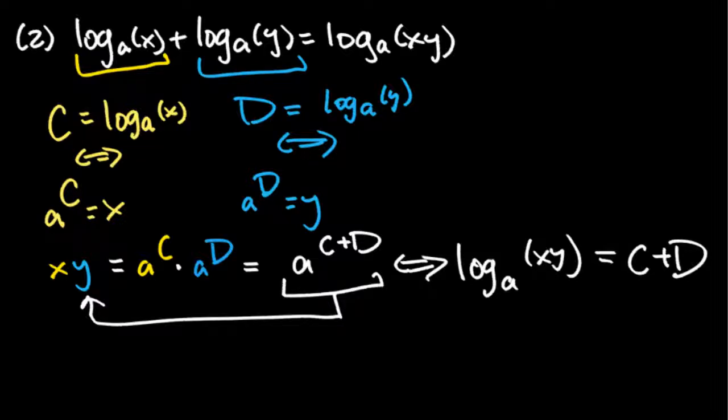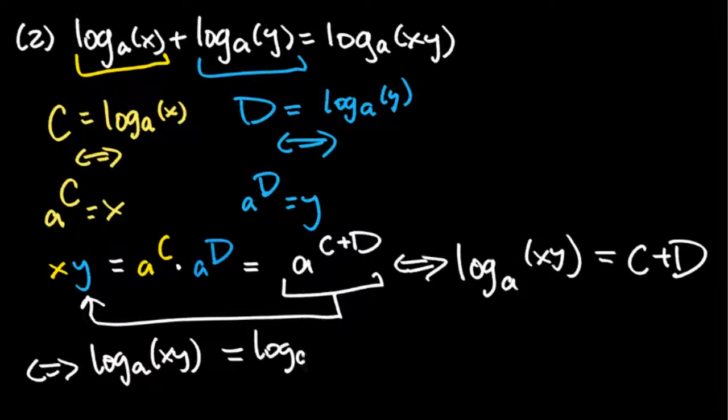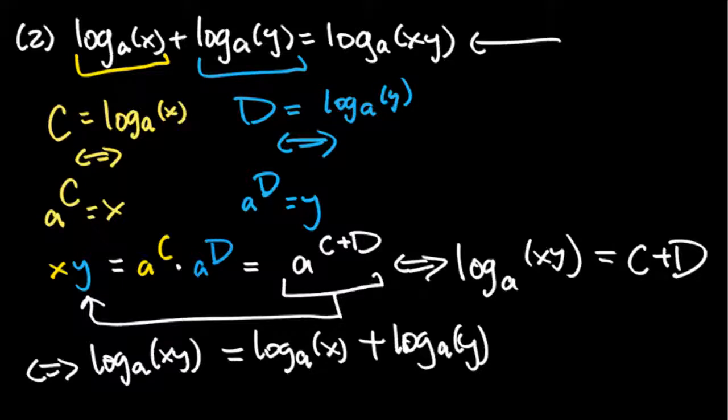So, what that tells us then is log base a of xy is equal to log base a of x plus log base a of y. So we've actually just proven this statement right there using that trick.